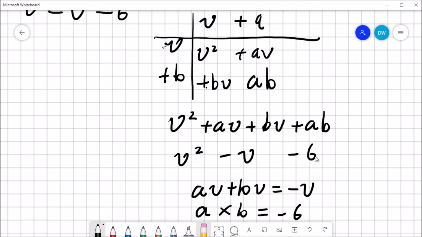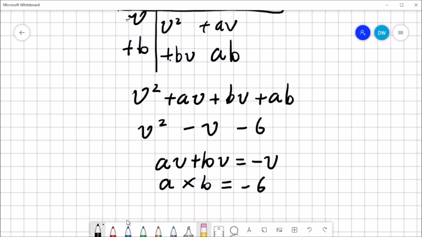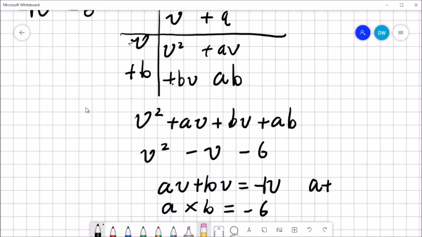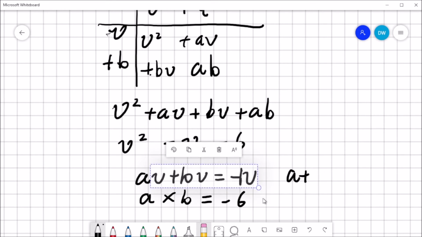Okay, what does that mean? The implication here is that a plus b has to be negative 1, because it's a negative 1 here. So if it helps, just remind yourself that you have a negative 1.